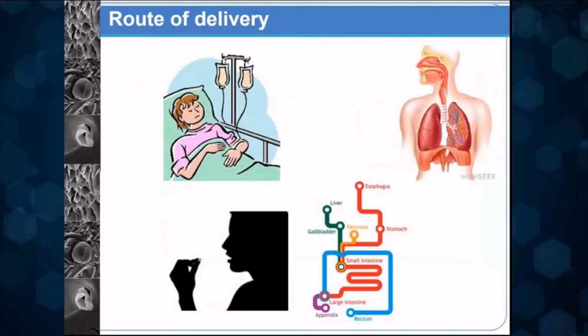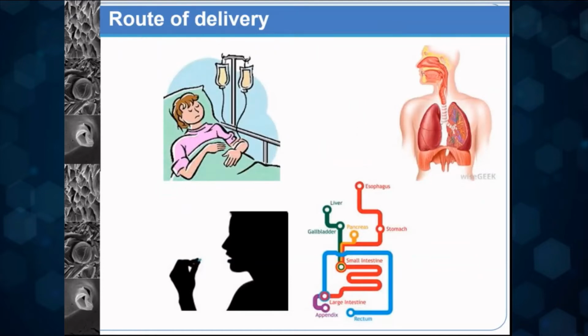The other very important thing to keep in mind, and something that is sometimes overlooked, is that what your barriers are and what your triggers are will depend also on the route of administration.